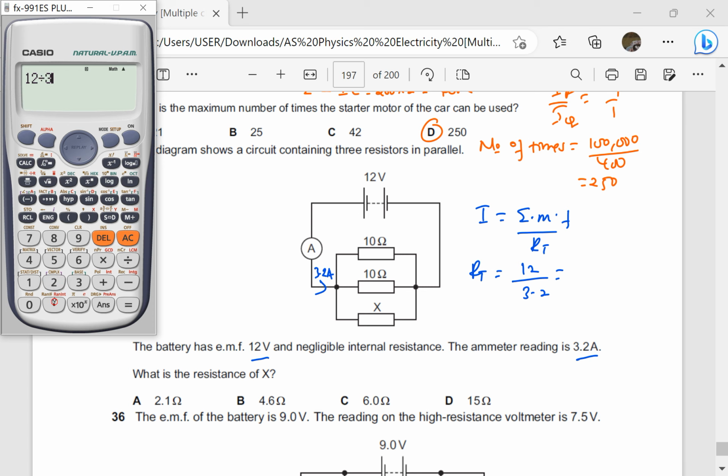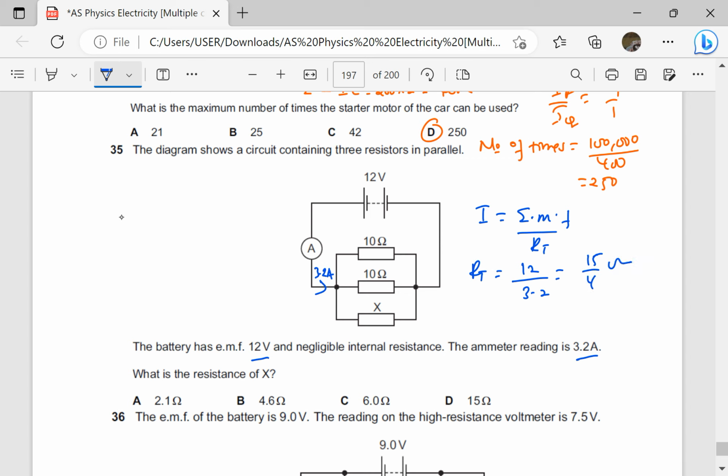12 divided by 3.2, that gives us, okay, I'll write it as a fraction. This gives us 15 over 4 ohms. That's total resistance. Then these resistors are in parallel, so we take the reciprocals. So 1 over total resistance is going to be 1 over 10 plus 1 over 10 plus 1 over x. 1 over total resistance is the reciprocal of 15 over 4, which becomes 4 over 15, equal to 1 over 10 plus 1 over 10, which is 2 over 10, plus 1 over x.